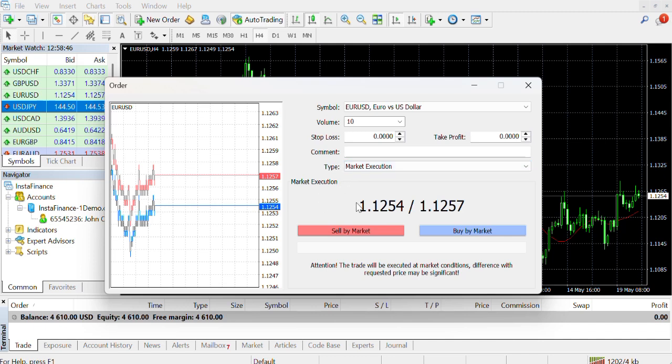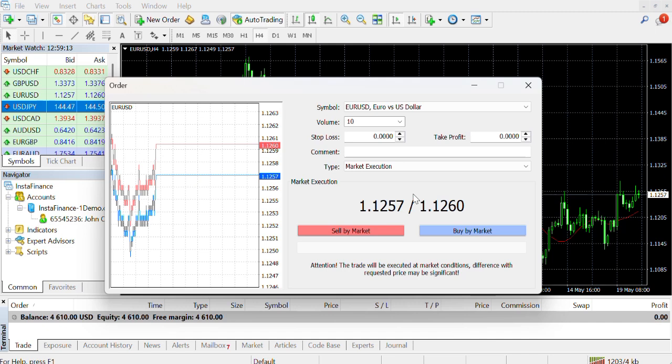Then the next one here is where we now have the actual prices. Like we discussed earlier, you see that there are two prices, the bid price and the ask price. Now the two prices are not the same. If you check this, we have 1.1257 and this is 1.1260. So there is that 3 pips difference between the two prices.